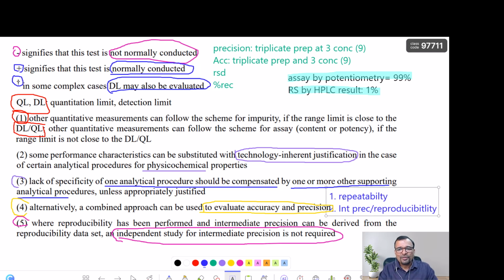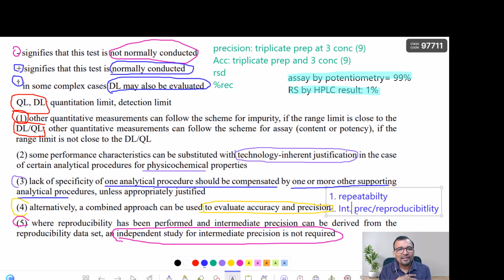Now, how are you going to perform the repeatability? It's very simple. You can prepare 6 samples by one analyst, understand the percent RSD and confirm the precision. The second study is intermediate precision. This particular study is performed in the same lab, but by another analyst.